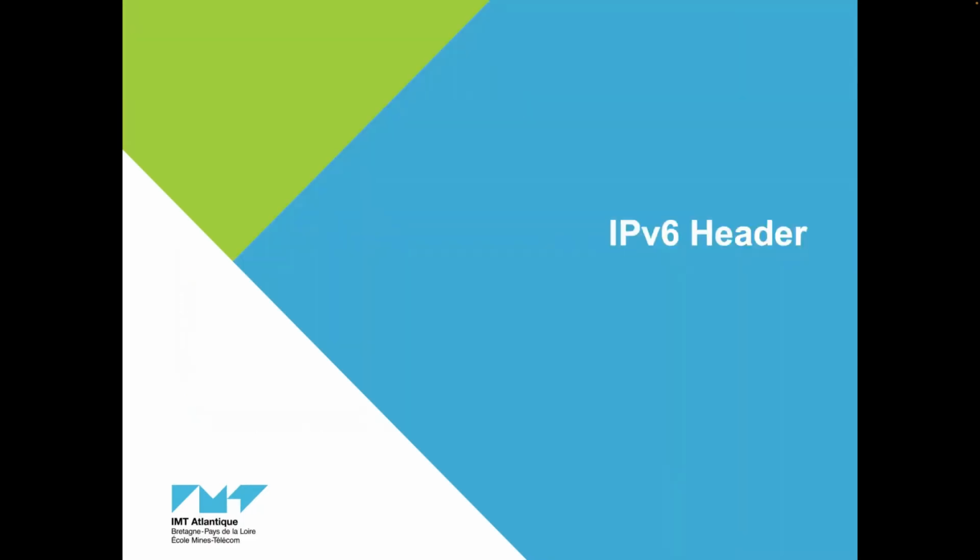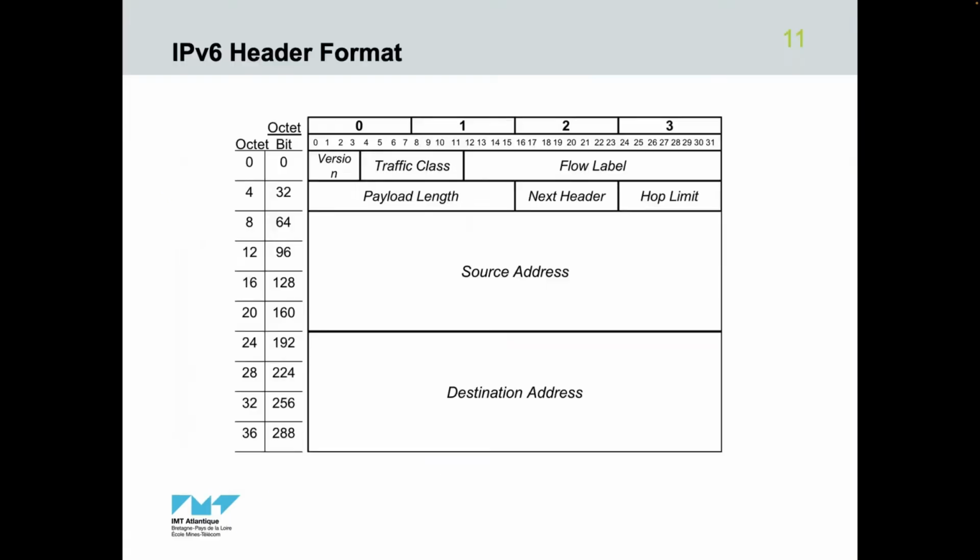Now we are going to see the IPv6 header format. So here we have the typical IPv6 header format, which consists of 40 bytes. As you can see from this figure, the highest contribution on the compression can come from the source and the destination address, since each address consists of 128 bits, or 16 bytes.